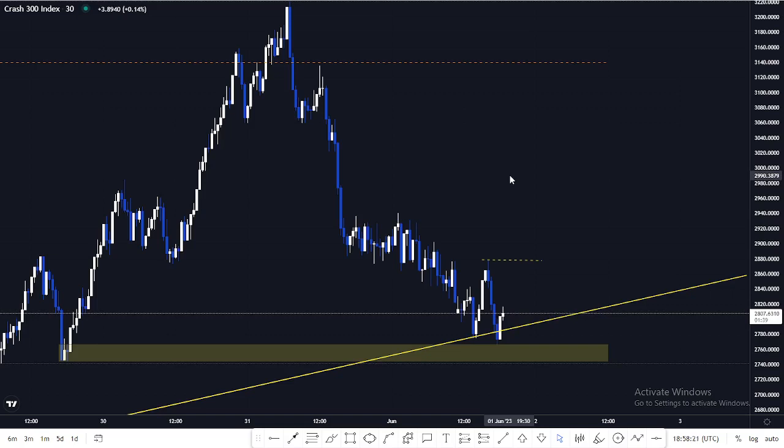Remember, it is the institutions that move price and not the retail traders. So the way they move price knowing that we have retail traders to manipulate, our strategy covers all the manipulation techniques of institutions.